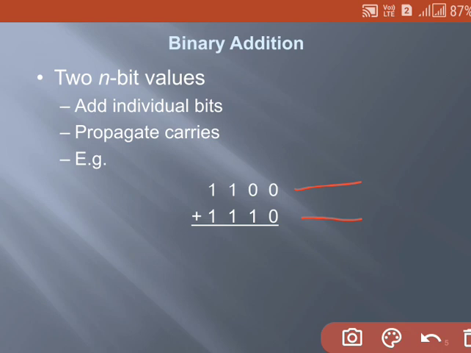So how to add these two binary numbers? First you need to add this 0 with 0, and the result will be 0. 0 plus 0 will give you 0, and carry will be 0. Carry will be forwarded to the next subsequent digit.